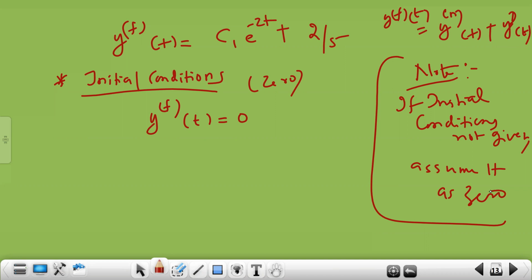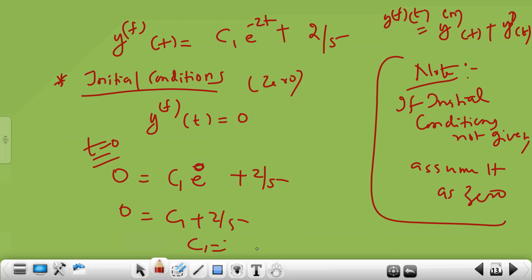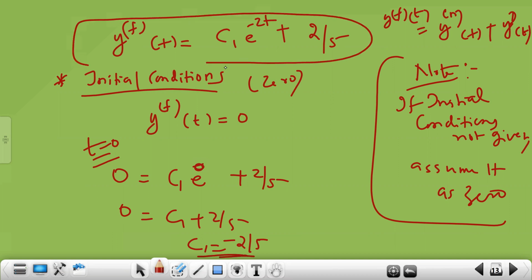So 0 is equal to c1 e raised to minus 2t plus 2 by 5. Sorry, 0 is equal to c1 e to the power 0 plus 2 by 5, correct? We need to put t as 0. Substitute t as 0, so e to the power 0. c1 e raised to 0 plus 2 by 5. That is c1 plus 2 by 5. c1 equal to minus 2 by 5. Now you can put this value of c1 in your final answer.